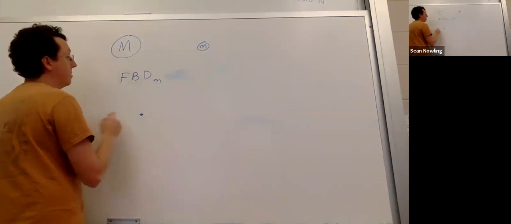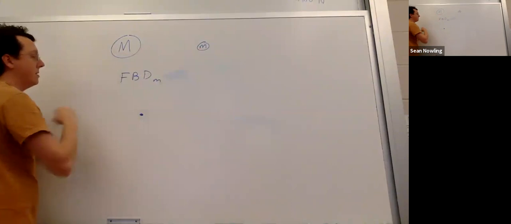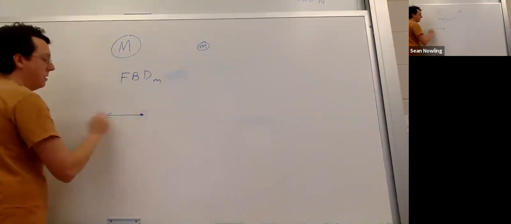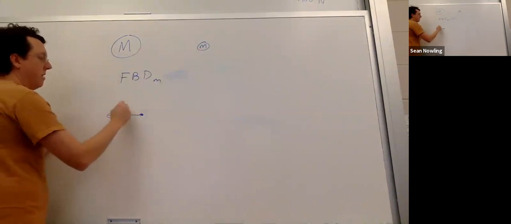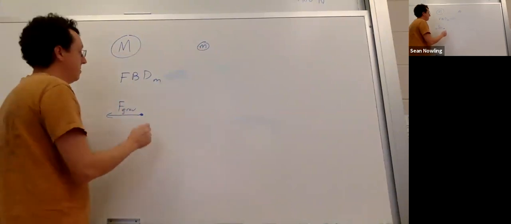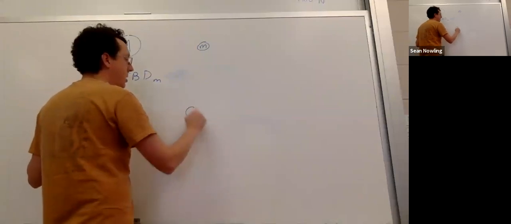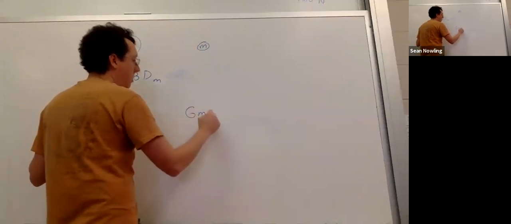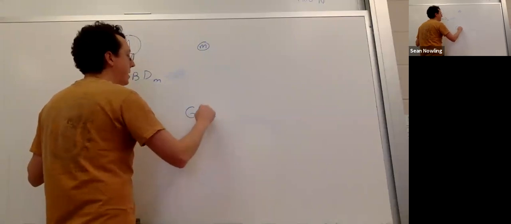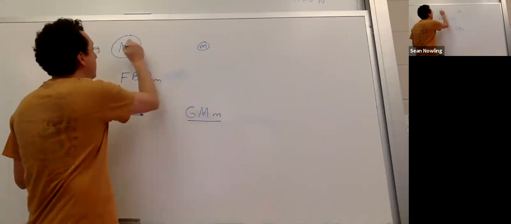Well, it's pretty easy. There's only one force. The only force acting on the small mass is the force of gravity. And that's it, because presumably this planet's out in space. So I just have to say that G, big M, little m, over the distance between their centers.